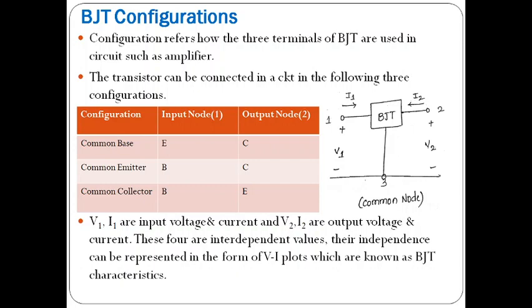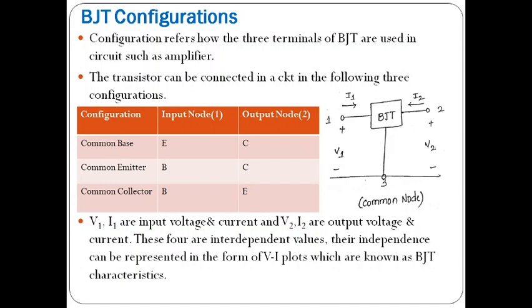When the base is common to the input and output, it is common base. When the emitter is common, it is common emitter. When the collector is common, it is common collector.